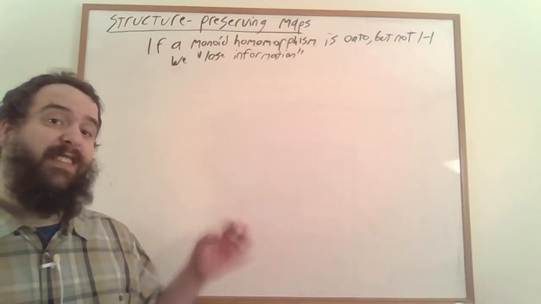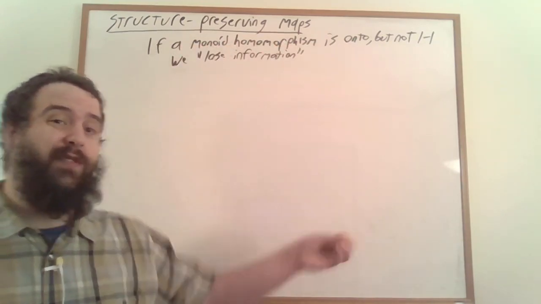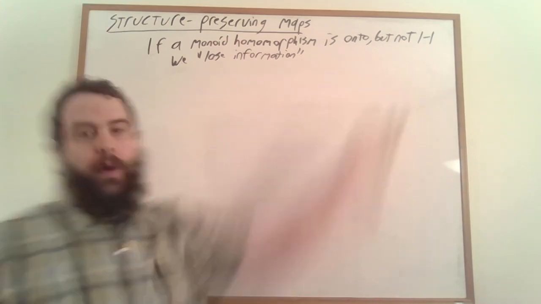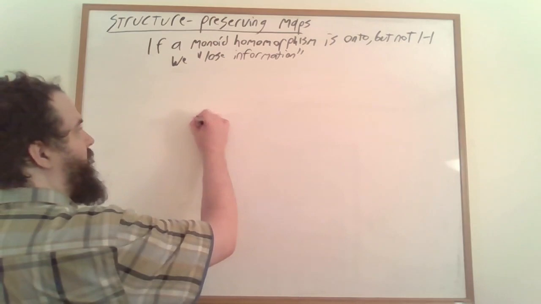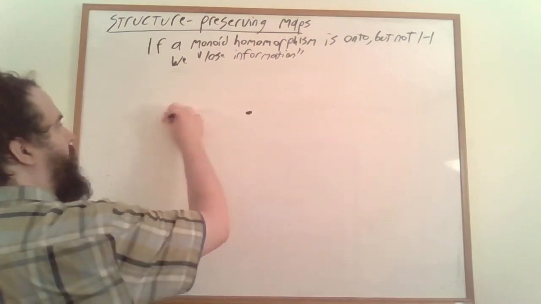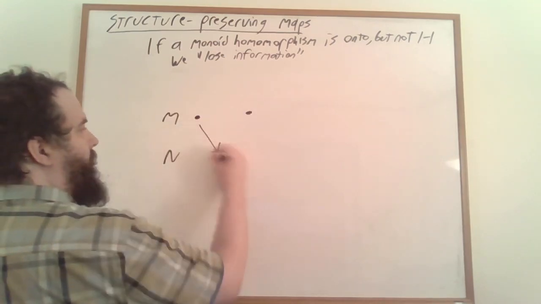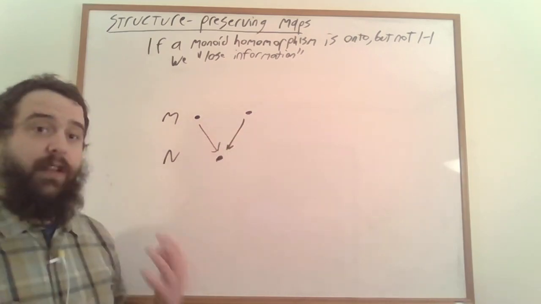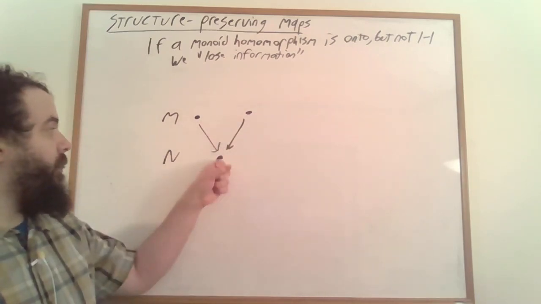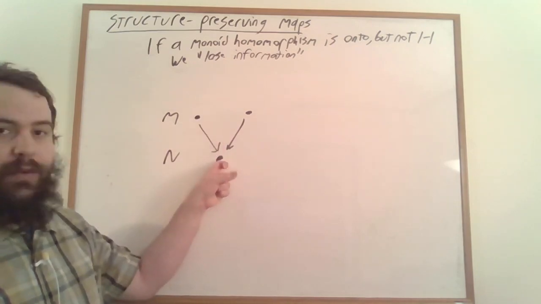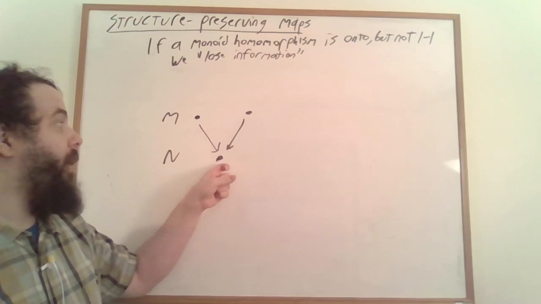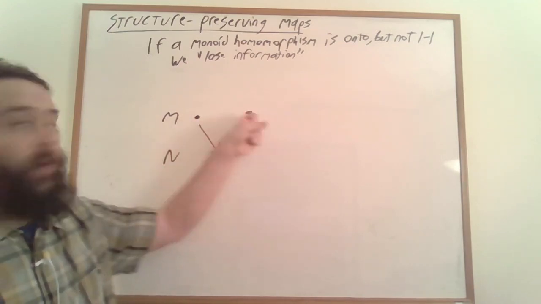In some sense, these functions lose information, and that just happens because the function is not one-to-one, right? If we have two different elements of m, and they get mapped to the same element of n, we've lost information. When I tell you that f of x is equal to this element here, you've lost the information about whether x was this element or this element.